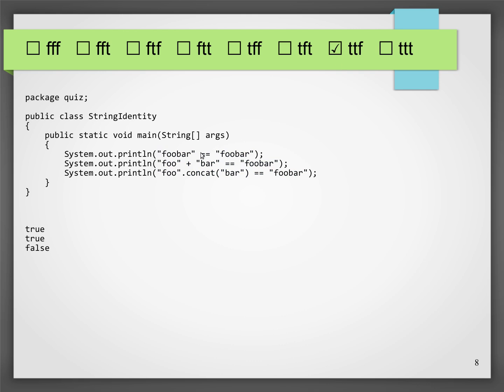Because this operator compares string references, not string contents, but the Java language specification says that if you have 2 string literals with the same character sequence inside, then they are guaranteed to be represented by the same string object.